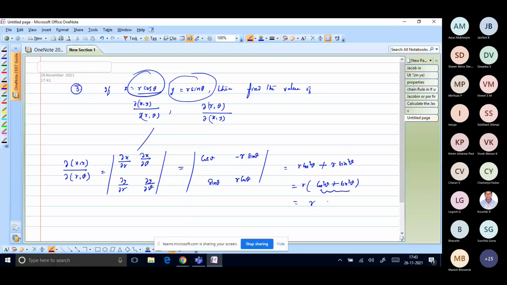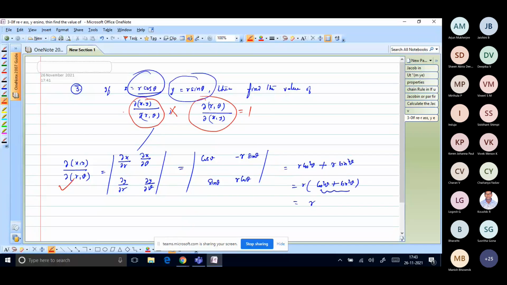In the same way, you can calculate this other quantity. Once you calculate it, if you multiply these two, it comes to 1.